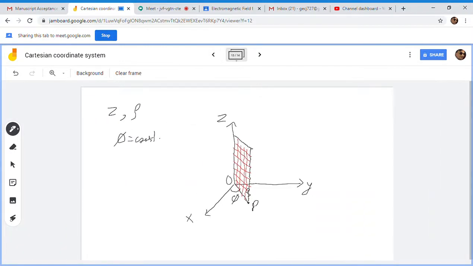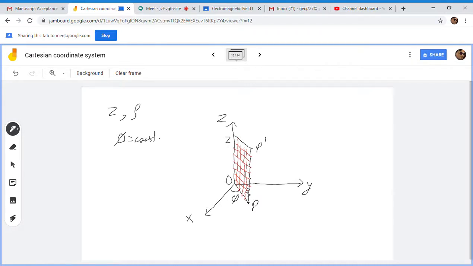So OZP dash P is a positive flap. You can draw the negative flap as well.